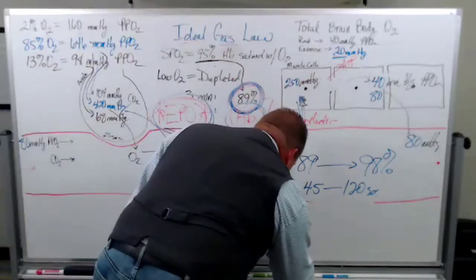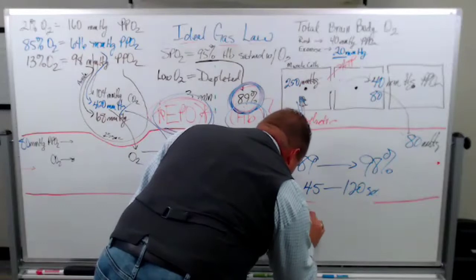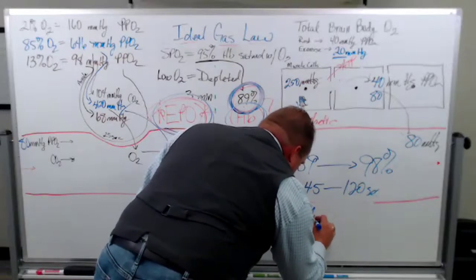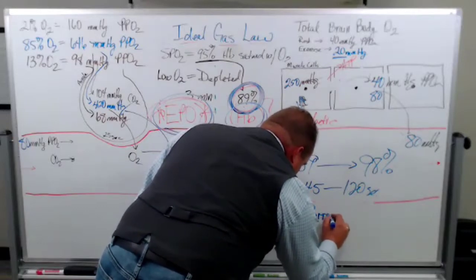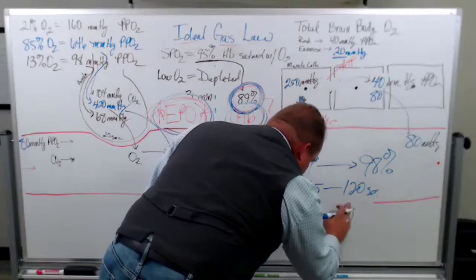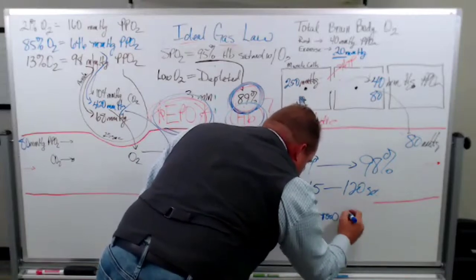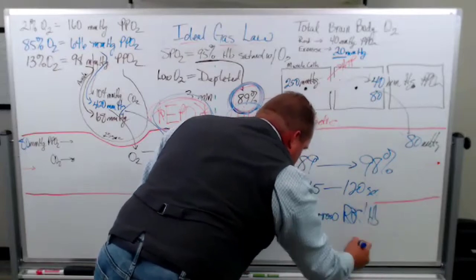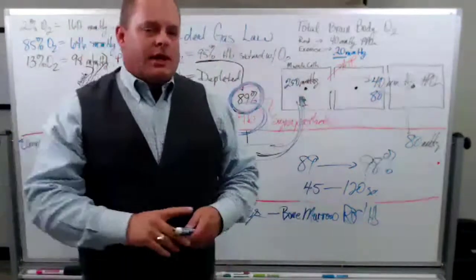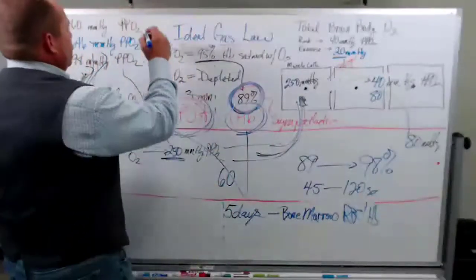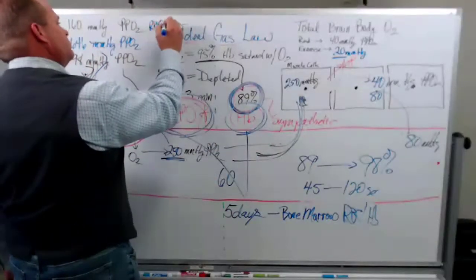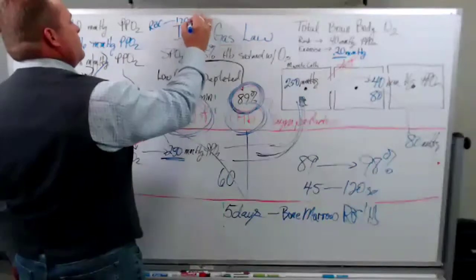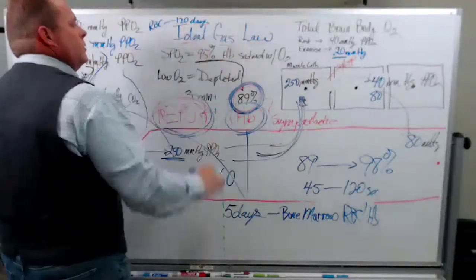You get another influx, not of O2, but of red blood cells, which means hemoglobin. Now, the average lifespan of red blood cells is 120 days.